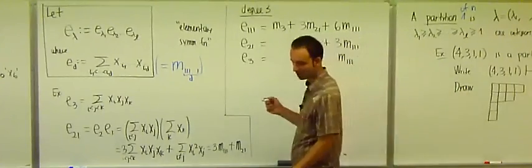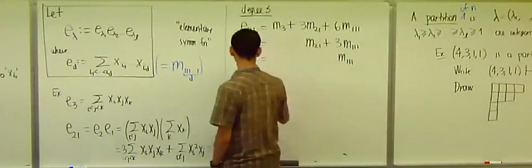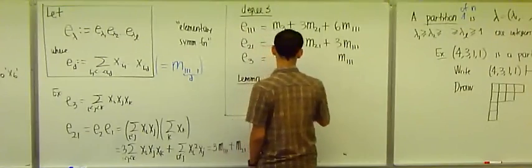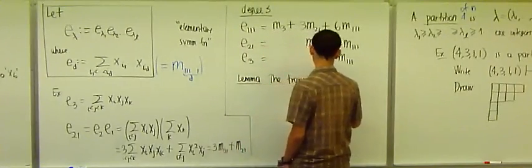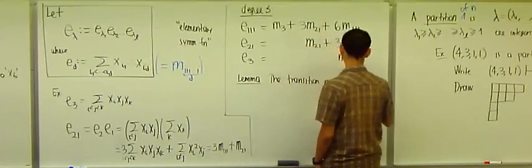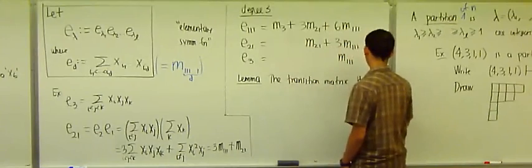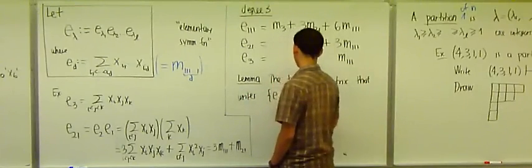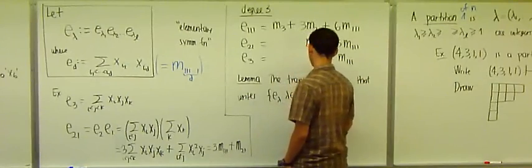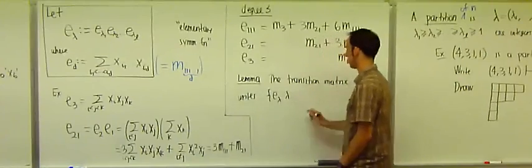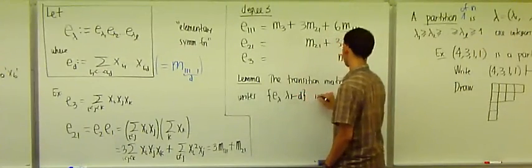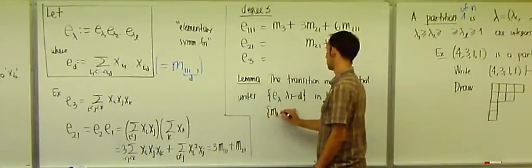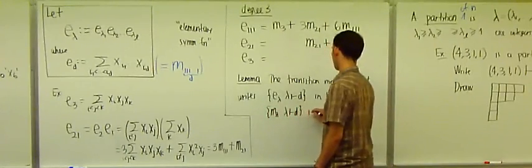So let me make a lemma that the transition matrix that writes the e's in terms of the m's is upper triangular.